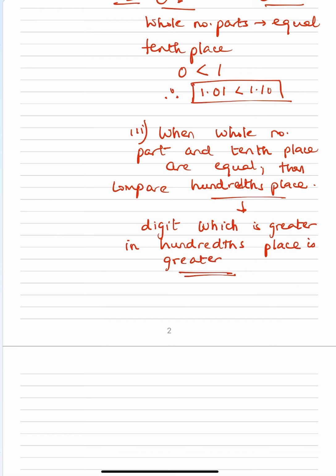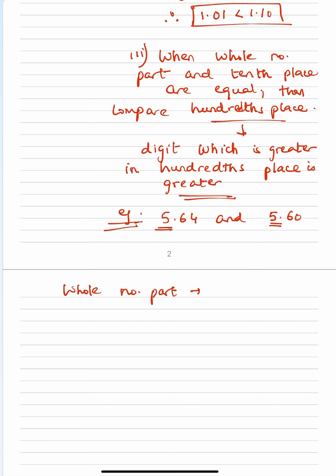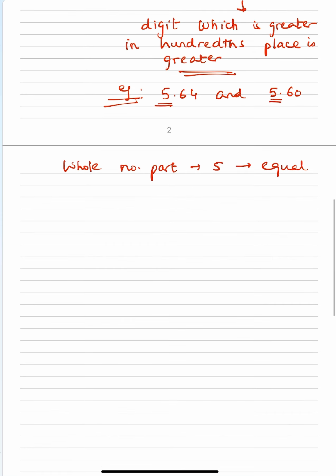And similarly, you will take the thousandths place also. Now let us take one example for the same. Suppose a number is given to us 5.64 and 5.60. Now here, what is the whole number part? It is 5. It is equal, so we cannot compare from there. Now what is the 10th place?